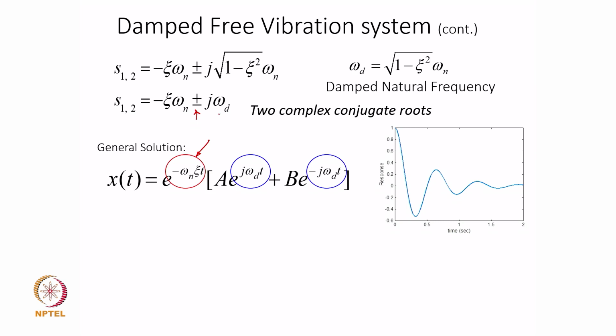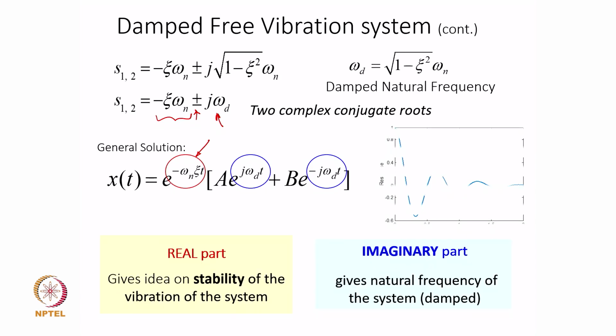So, the real part is indicative of the stability behavior of the system, whereas the imaginary quantity is going to be your frequency of oscillation. That basically is the takeaway from this discussion: when you get the two roots of a damped vibratory system, the real part gives us an idea on stability of the vibratory system, and the imaginary part gives us the damped natural frequency of the system.